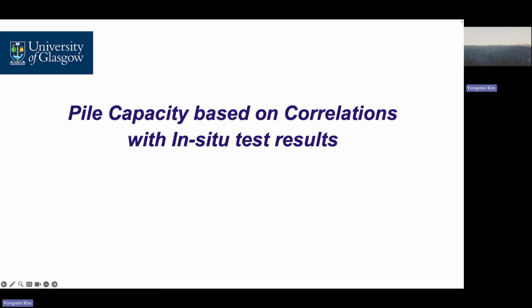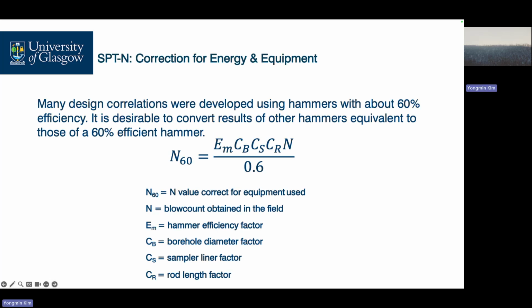Now we are dealing with in-situ test results. Actually, you can put it here also, because it doesn't matter whether it's drained or undrained conditions. Yeah, N value. Before using the N value, we have to correct this N value by energy, 60%, and more: efficiency, borehole diameter factors, sampler factors, rod lengths.